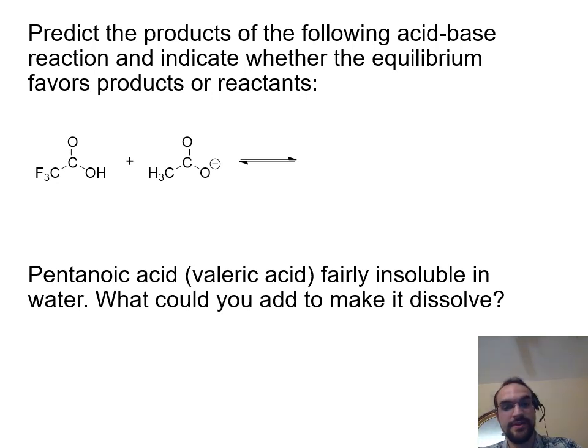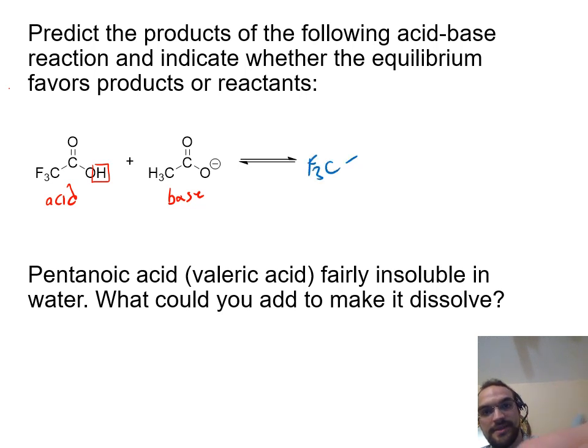And so you should be able to see that, of course, this right here is the acid. The thing with the negative charge here is going to act as a base. And so the product is going to be this compound.